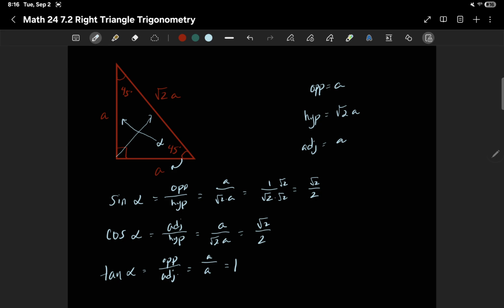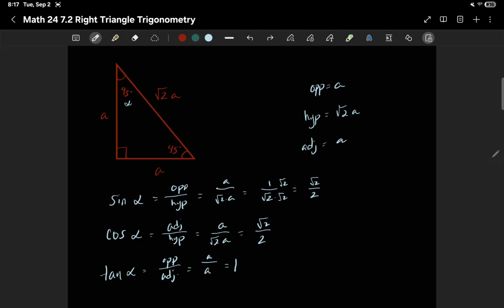The nice thing about this triangle, as opposed to the 30, 60, 90, is it doesn't really matter which angle we chose as alpha, because even if we had chosen this angle as alpha, its opposite side is also A. And its adjacent side, the side that's next to but not opposite the 90 degree, is also A. It's the same triangle, so they have the same hypotenuse, root 2 times A. So regardless of which angle we chose as alpha, we get the same triangle.